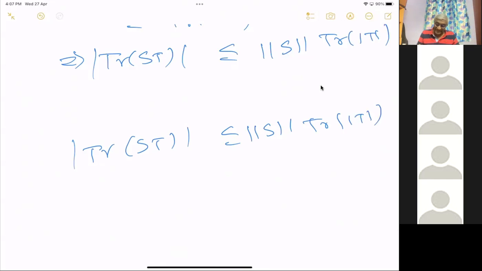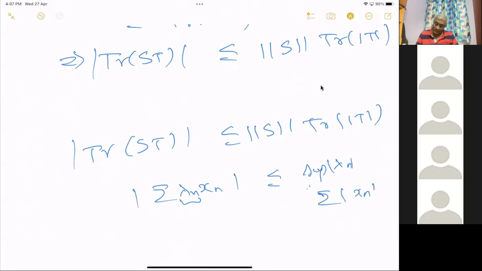So if you have an L1 sequence, the summation of x_n lambda_n, where S is in B(H) and is like something in L infinity, then this is less than or equal to the infinity norm of this, that is the supremum of |lambda_n|, and then you have the summation of |x_n|. This is just the L1 norm of lambda.